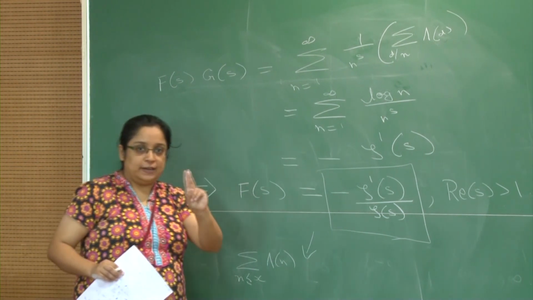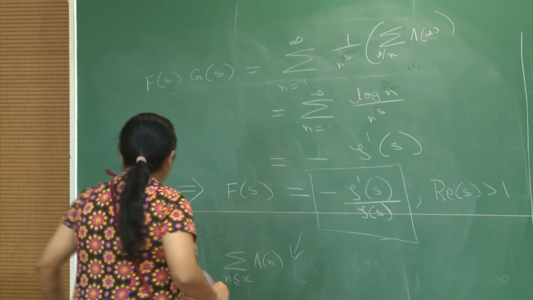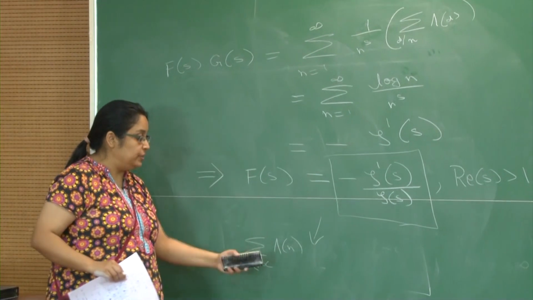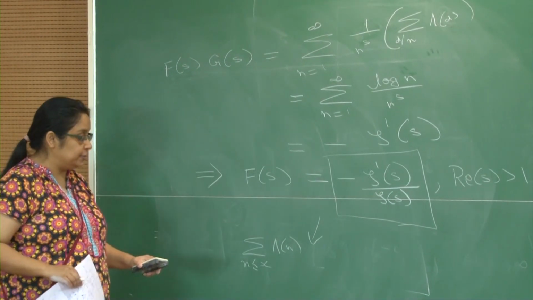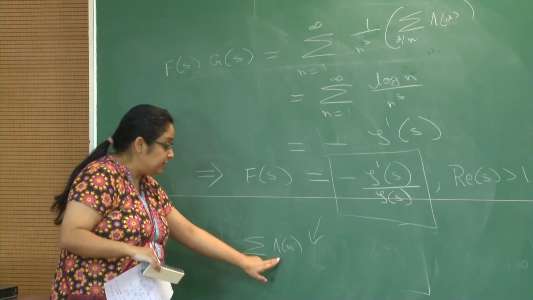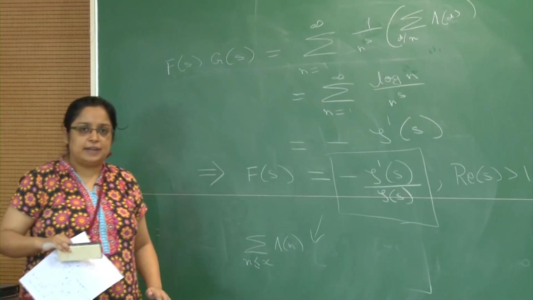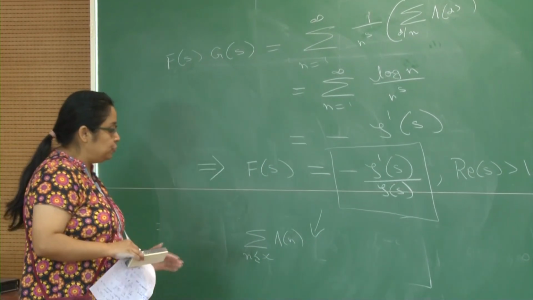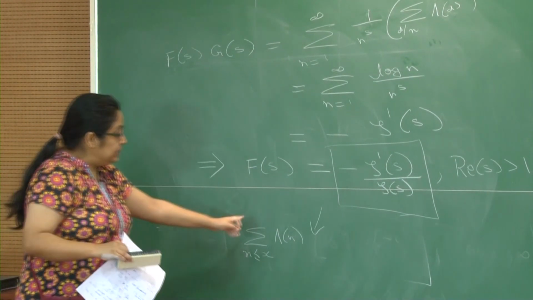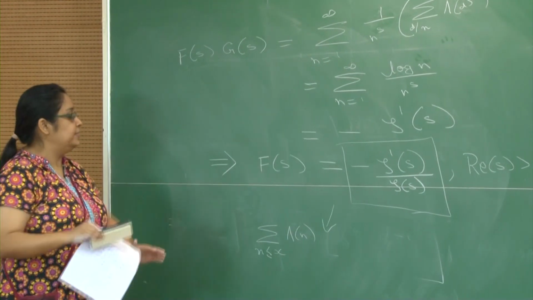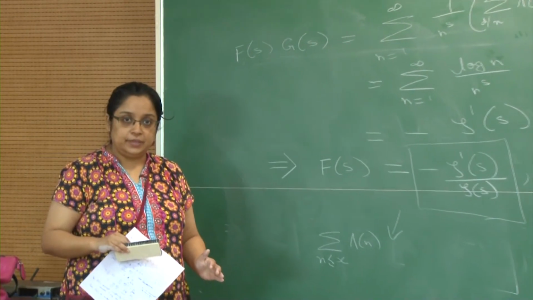So, you have so far learnt two different ways to study partial sums, which lead to the average orders of arithmetic functions. One is the probabilistic approach, where you treat a function like this essentially like a random variable. The analytic approach is to put this inside a generating series called the Dirichlet series and study it as an analytic function.